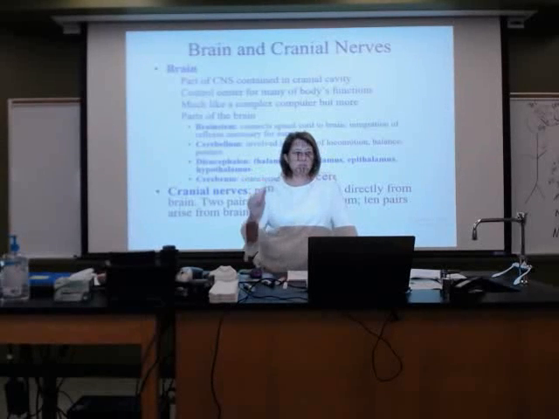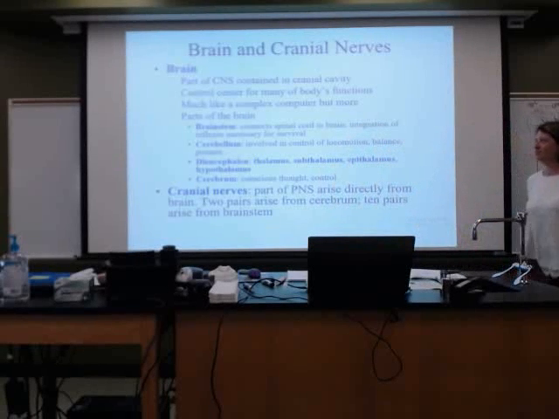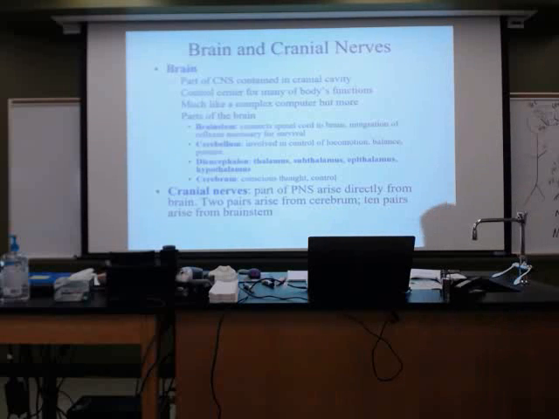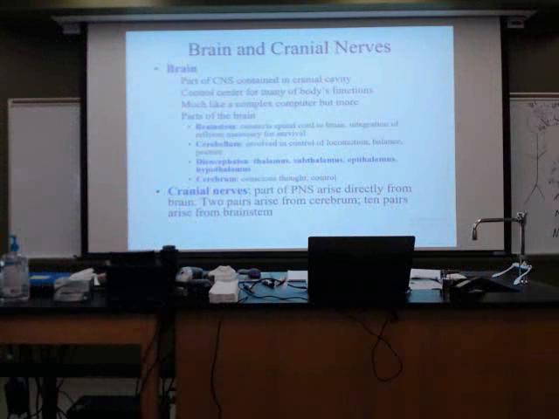That's the crux of the story here. Okay? It is the area for body functions. Now, I don't like how the brain is compared to a computer. A computer basically operates 0, 1, 0, 1, 0, 1. And it's linear.